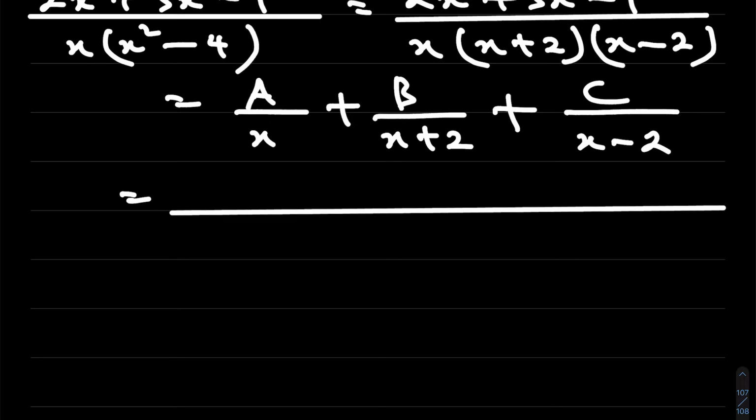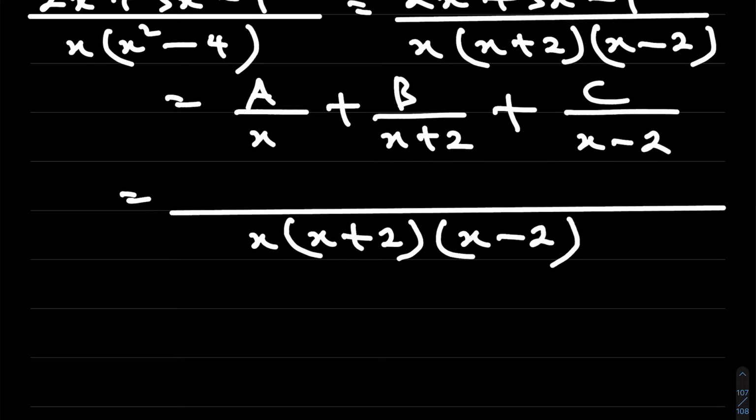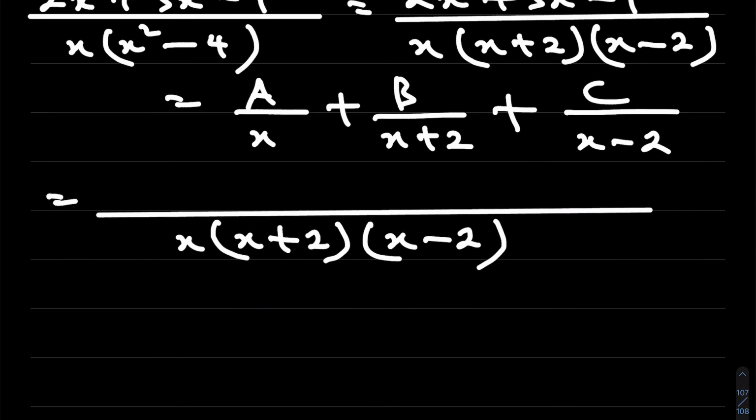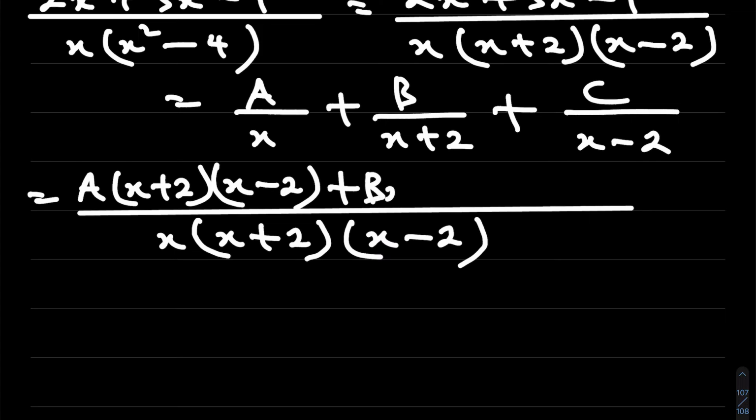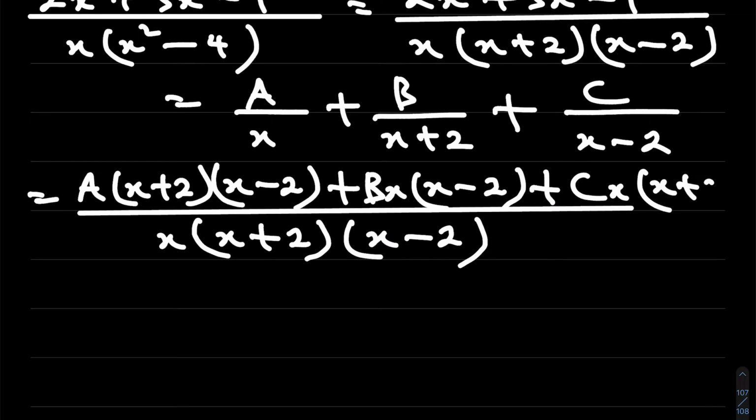The LCM of the denominators is x times x plus 2 times x minus 2. And that simply means the numerator will be A times x plus 2 times x minus 2 plus Bx times x minus 2 plus Cx times x plus 2.